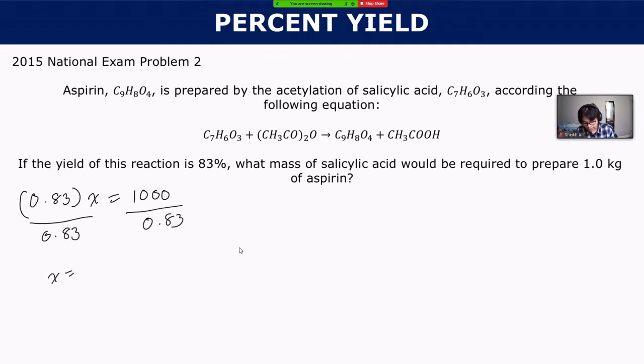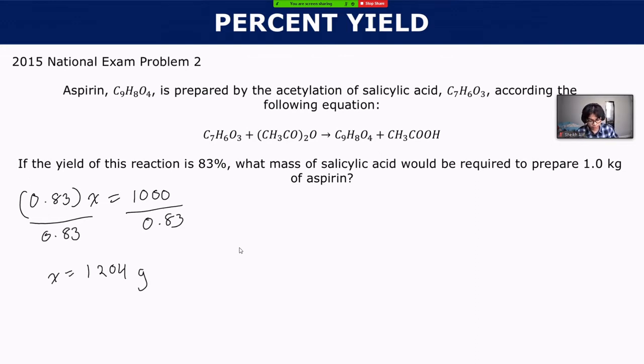And x is going to be around, let me do the math, 1,204 grams. Remember, this is the mass of aspirin. So we prepared a thousand grams of aspirin, but at only an 83% yield, you would need 1,204 grams of aspirin to get that 1 kilogram.